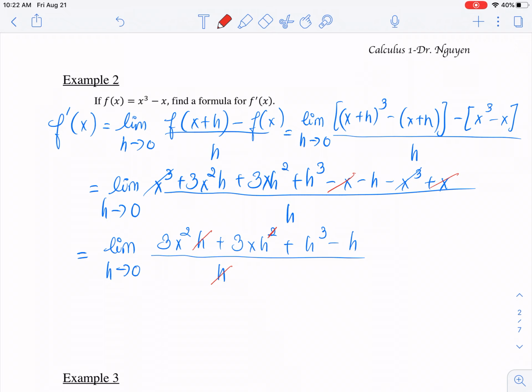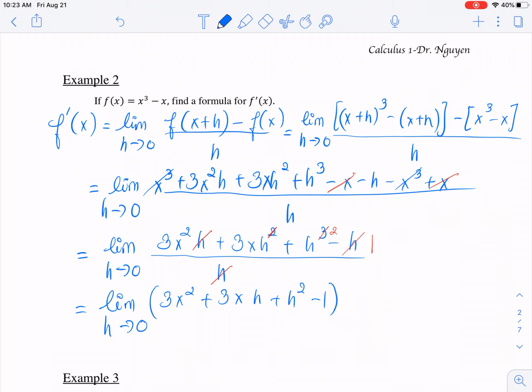Now after we simplify, we end up with the limit as h approaches 0 of 3x squared plus 3xh plus h squared minus 1.